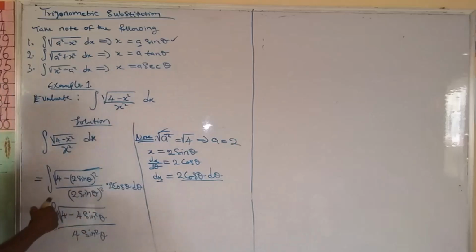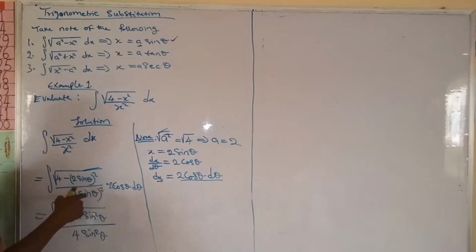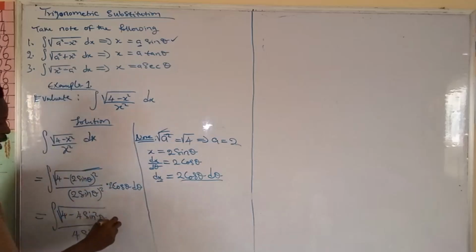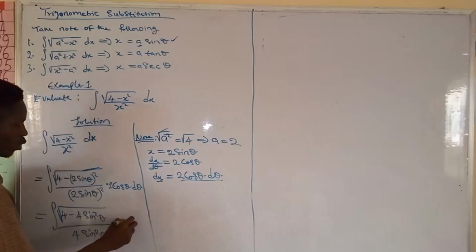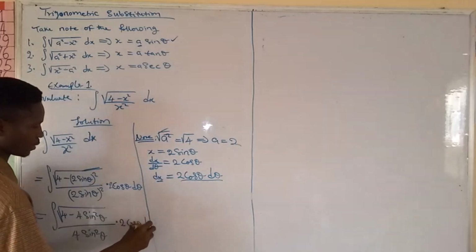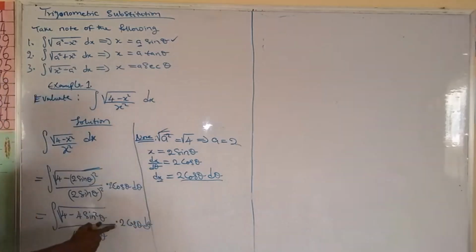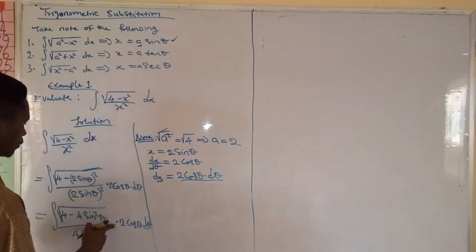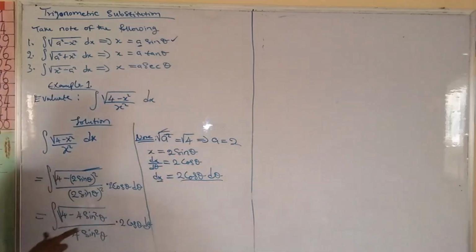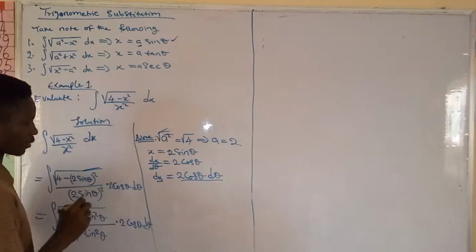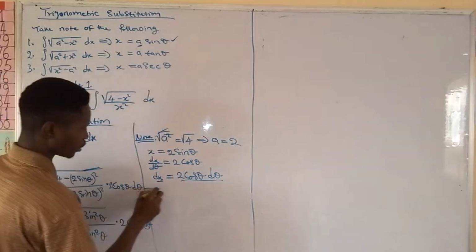Because if we take the square in, we are going to have sin squared, and this 2 becomes 4 since it's 2 times 2. So we now have dot 2 cos theta d theta. The dot simply means multiplication. So now we proceed with our integration.